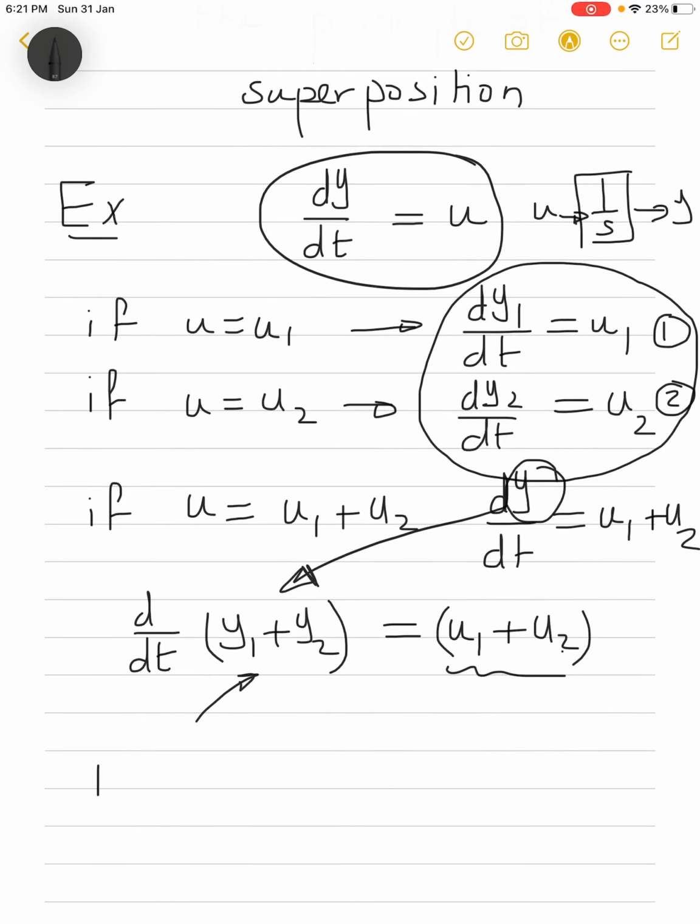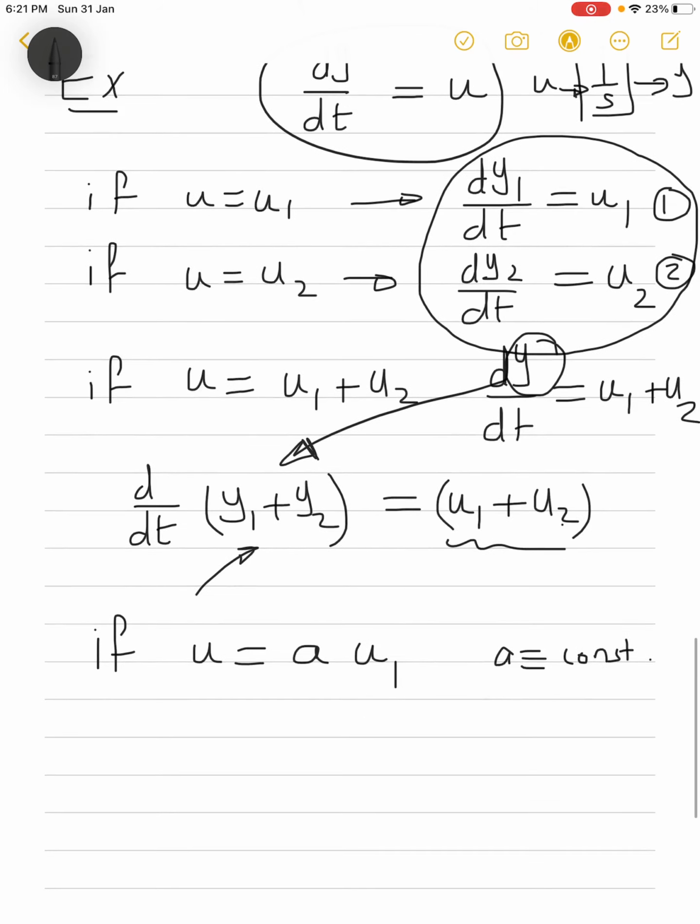Now if we take u equals a times u1, where a is a constant, I'm going to multiply the first equation on both sides by a.